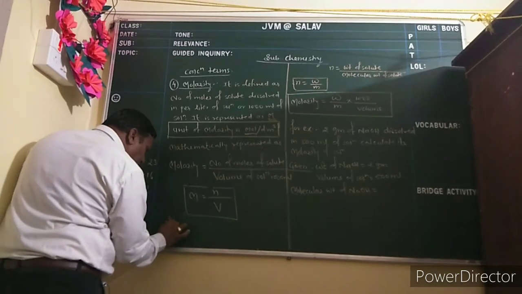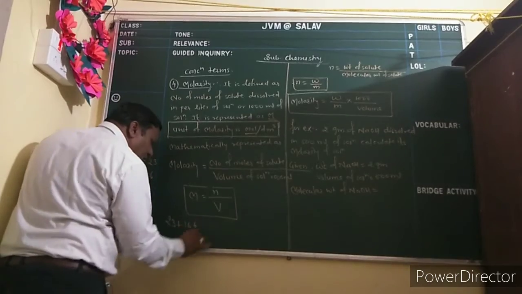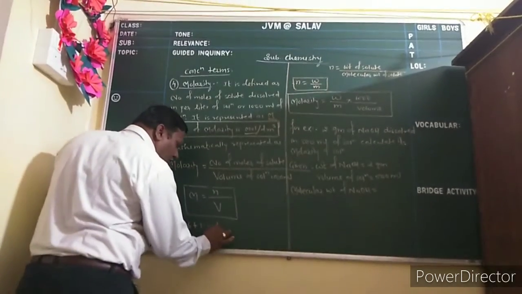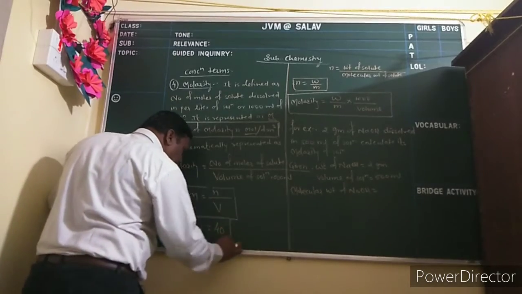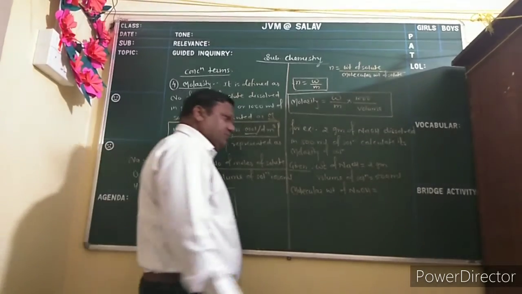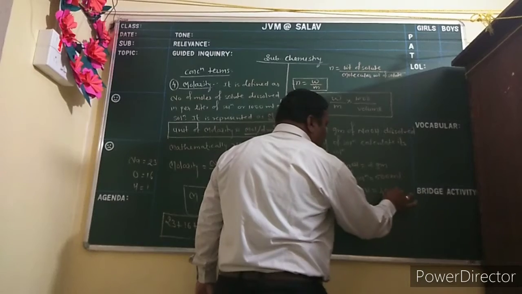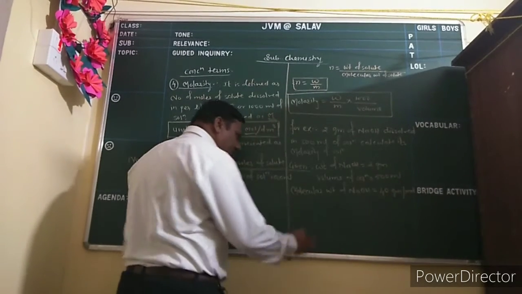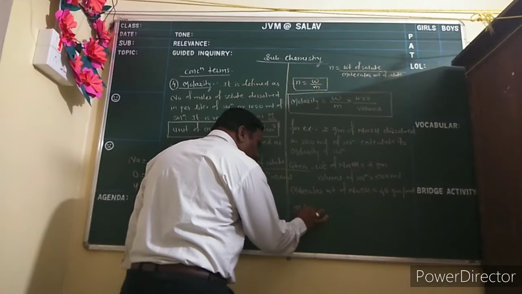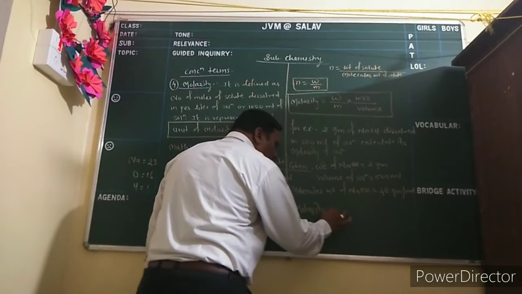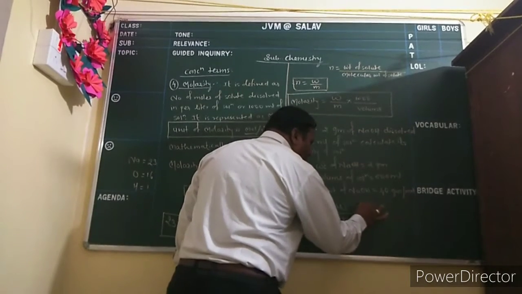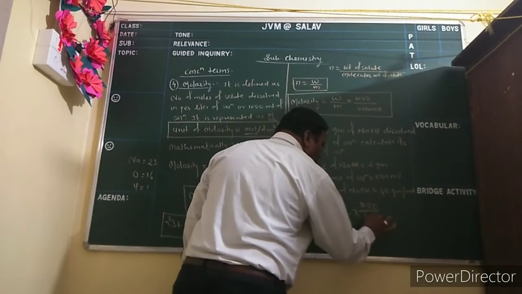So 23 plus 16 plus 1, you will get 40. So 40 is the molecular weight of NaOH, 40 gram per mole. Then molarity is equal to small w upon small m into 1000 upon volume.